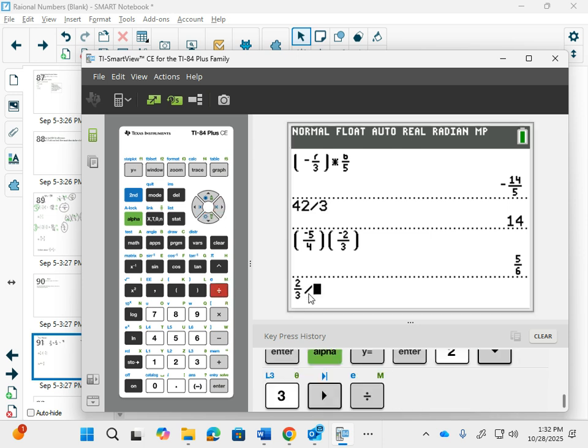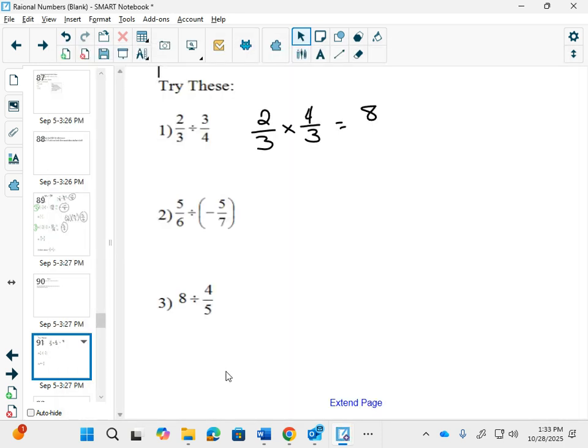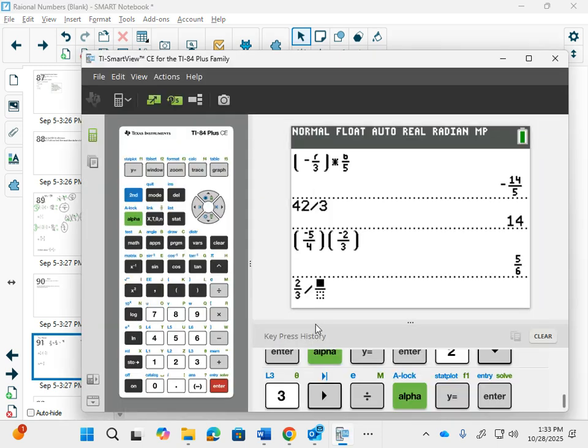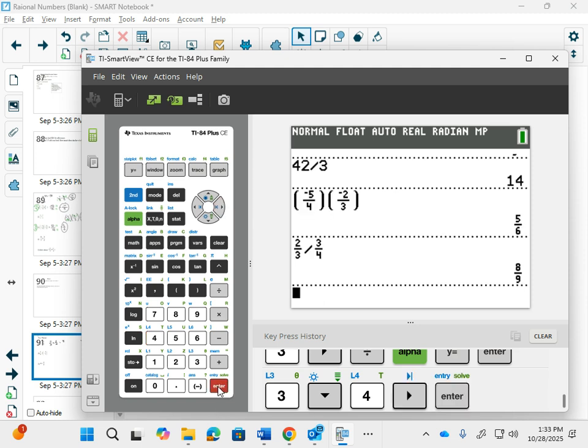And on a calculator, have you noticed that sometimes you hit the divide button, it does a slash? That's just the calculator's way of writing divide. And then I do another fraction, 3 over 4. And I push enter, and I'm supposed to get 8 over 9.